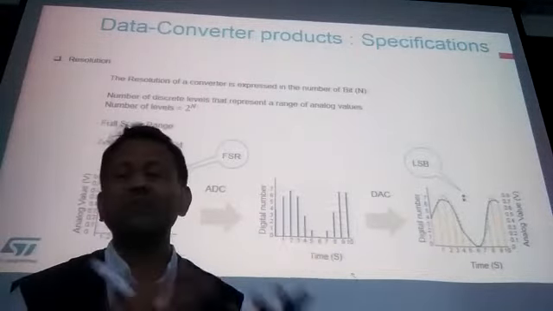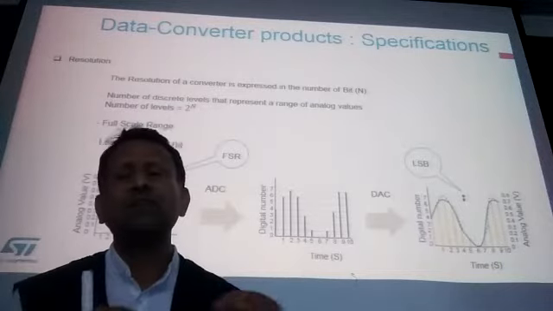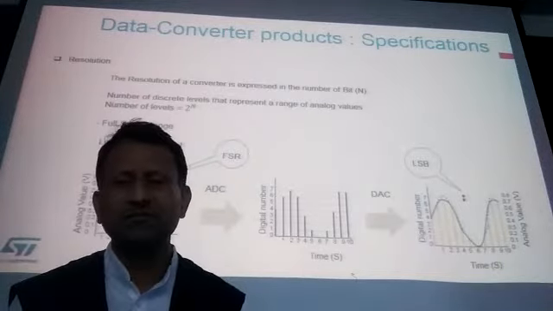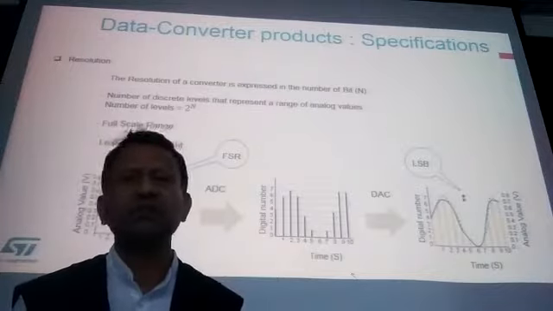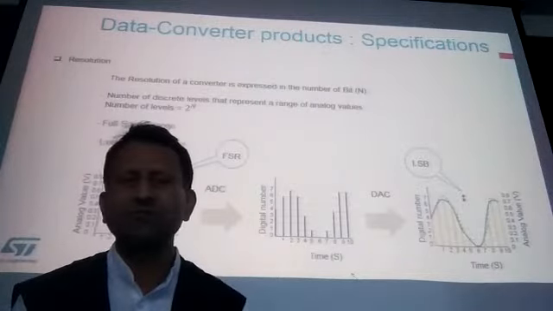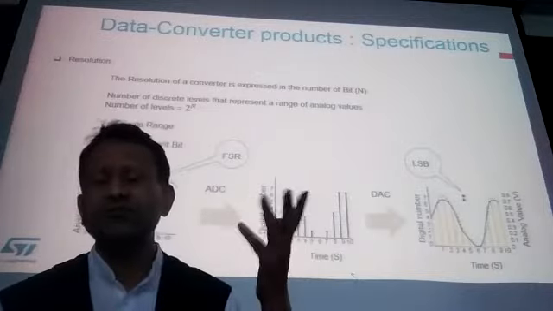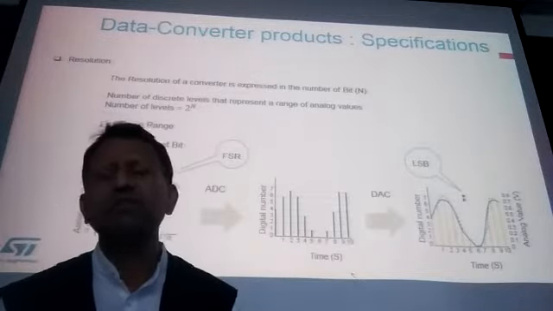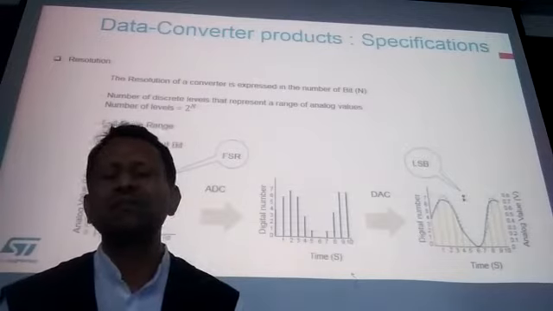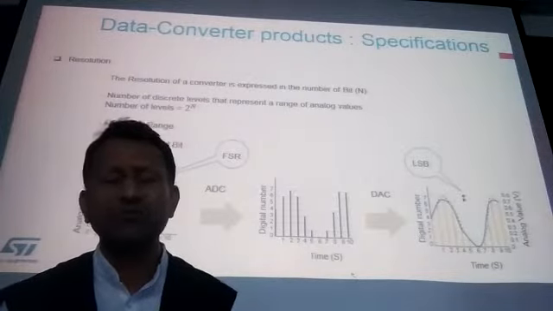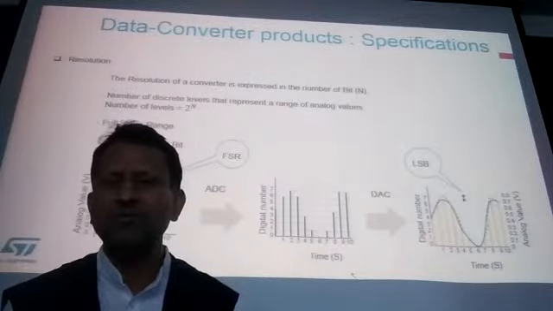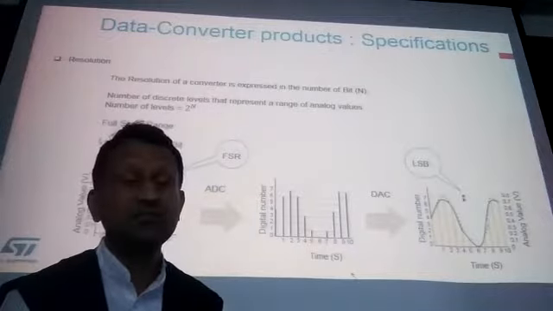What is resolution? Resolution is the number of discrete levels in which we can represent our analog signals. These are as fine as we can make them, so we can maintain the signal information, but there is a limitation. We cannot go for a very large number.